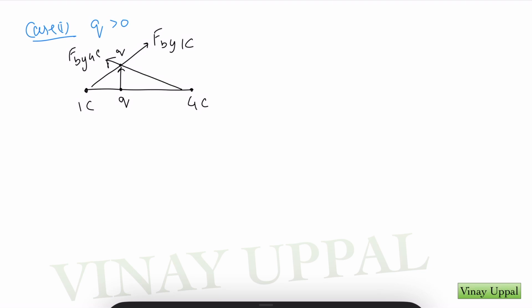And therefore, it should be very clear that the net force is going to be away from the equilibrium position. This is unstable equilibrium. Remember, we are displacing it by a very small amount, so we can say that the x components are cancelling out. The resultant will be along the y-axis.